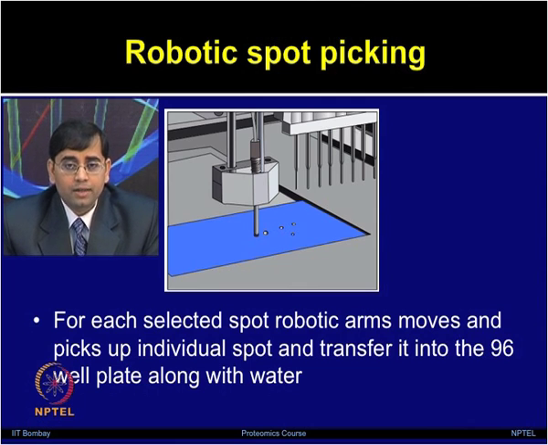For each selected spot, the robotic arm moves and picks up the individual spot. You can set up the x, y coordinates in the software, and based on the location of the map of the spots present on the gel, it can go and excise the spots. Then it can be transferred to the 96 well plate for further processing.